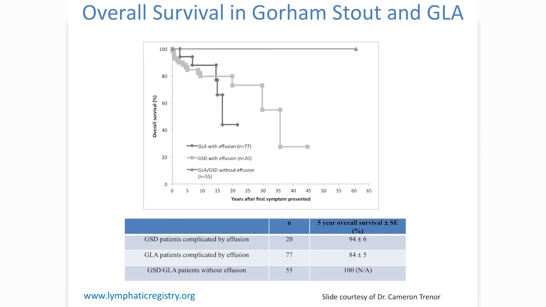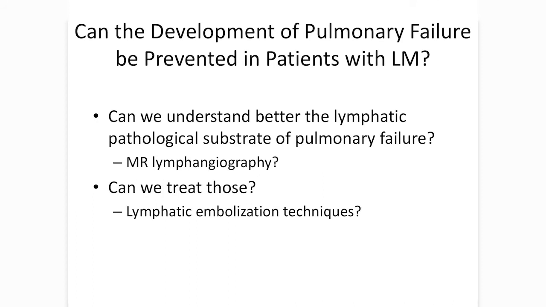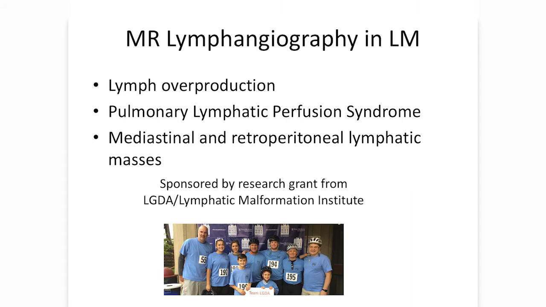So we postulate that if we can discover how the lymphatic system affects the lung and prevent it from happening, we can potentially prolong the life of these patients. And fortunately for us, the Lymphangiomatosis and Gorham's Disease Alliance and Lymphatic Malformation Institute, in collaboration with Pan Orphan Disease, granted us a grant so that we can perform this study.